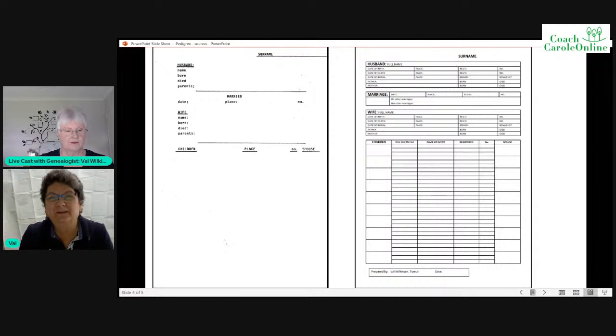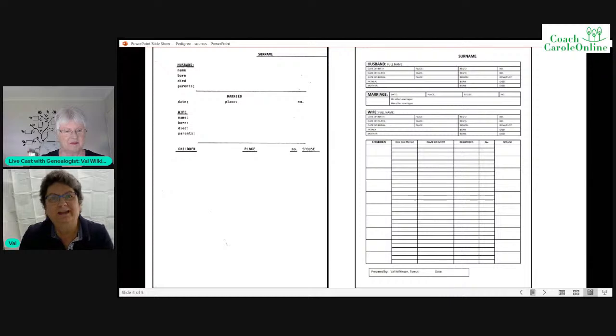The ages that they gave, although it's them giving it themselves, they could change that. If they were underage, they could say they were 21 when they were only 20 or 19. So that may not be totally correct. And the parents' names, they possibly gave the correct parents' names, but maybe they weren't. Maybe they were making it up. Who knows?